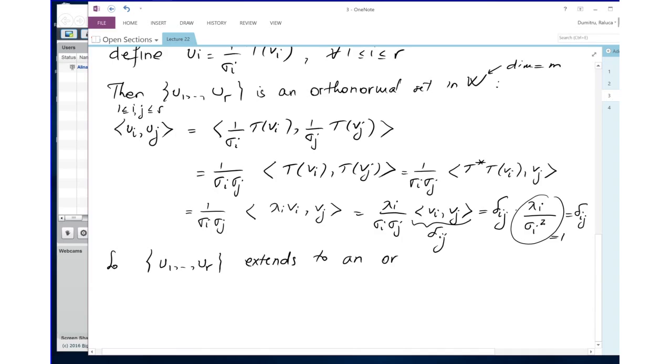You can extend it to an orthonormal basis because the set is already orthonormal. So when you go through Gram-Schmidt, you will not change the first r vectors. You will just change the remaining ones that you're adding.